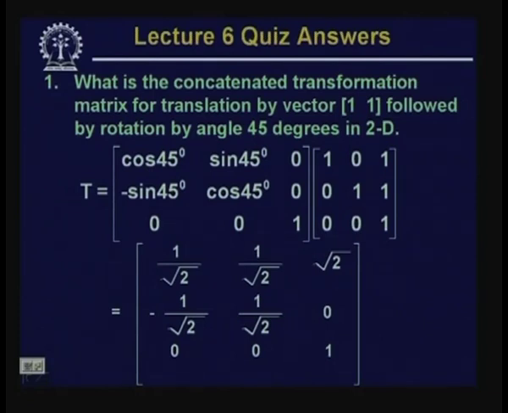So, the concatenated transformation will be cosine 45 degree, sin 45 degree, 0; minus sin 45 degree, cosine 45 degree, 0; 0, 0, 1; then 1 0 1; 0 1 1; 0 0 1. If you multiply these two matrices, the concatenated transformation matrix will come out to be 1 over root 2, 1 over root 2, root 2; minus 1 over root 2, 1 over root 2, 0; then 0, 0, 1.